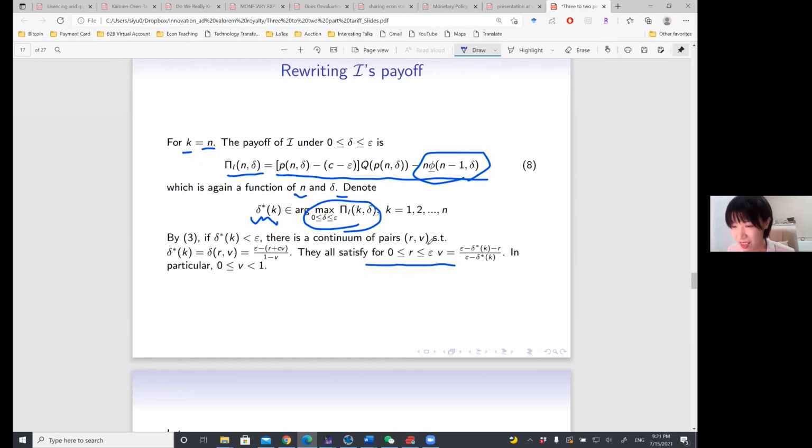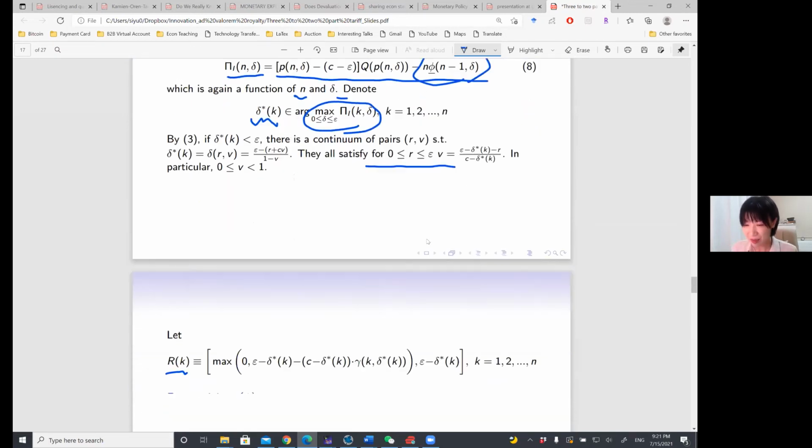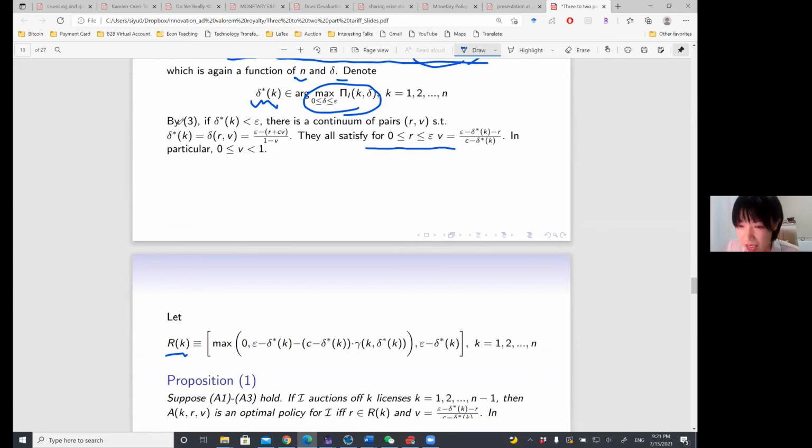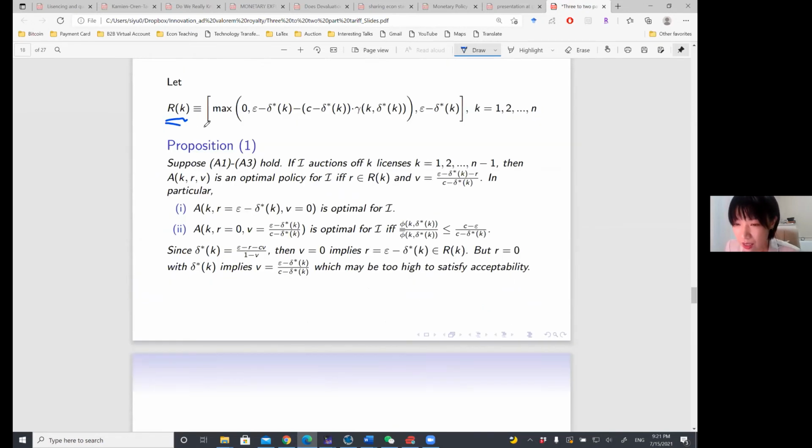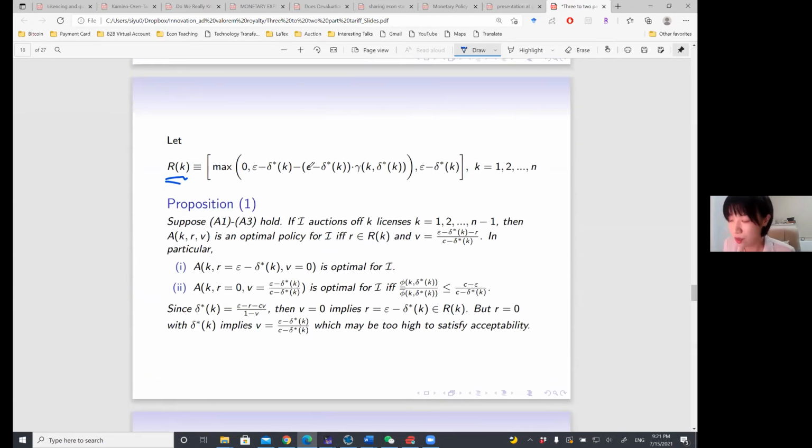Okay. So here, capital R of K defines the feasible range of the royalty, the per unit royalty. So any R in this range, it's okay. You cannot choose a too high R that exceeds the level of cost reduction, the effective level of cost reduction.